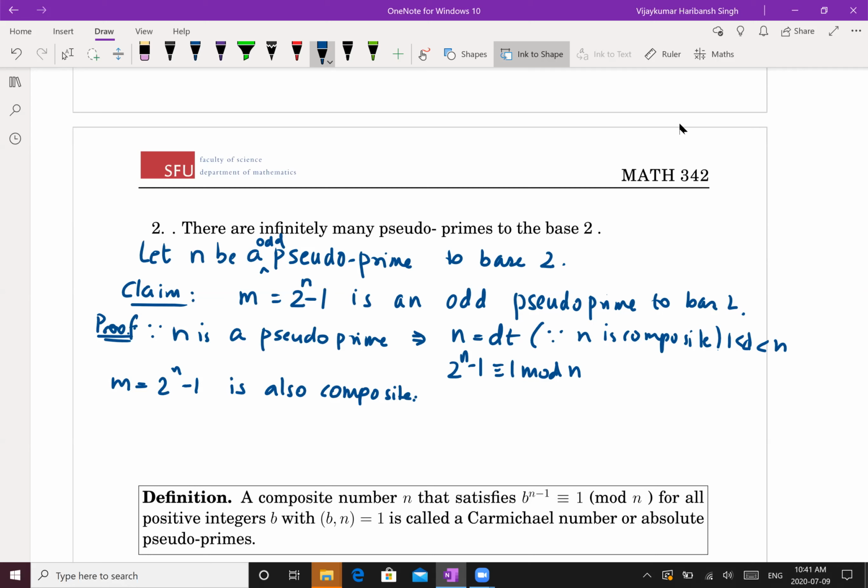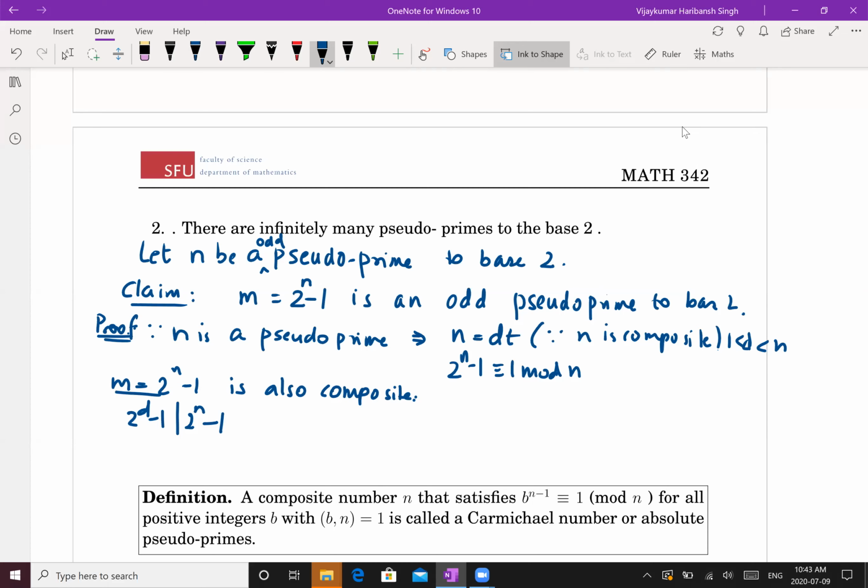Note that 2 to the power d minus 1 divides 2 to the power n minus 1 whenever d divides n.